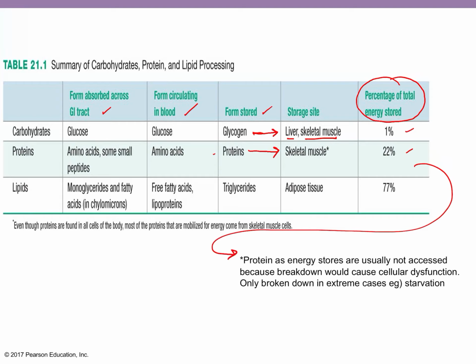Like, you're going to die, or get severe muscle wasting. So that's not good. You're only going to do protein catabolism for energy in very extreme times, such as starvation. And if you look at our lipids, we know that triglycerides are fat stored in our adipose tissue, and this is going to be the major energy store for our body.